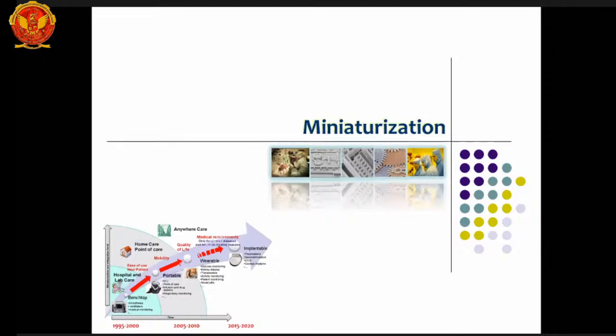Probably they started in early 1995, where they wanted to use these miniaturized devices for hospital laboratory care, point of care diagnostics using cell phones, because during 1999 and 2001, cell phones were really scarce, and only the rich used to have them because of their expensive nature, and so they were not usually available for most of the people.